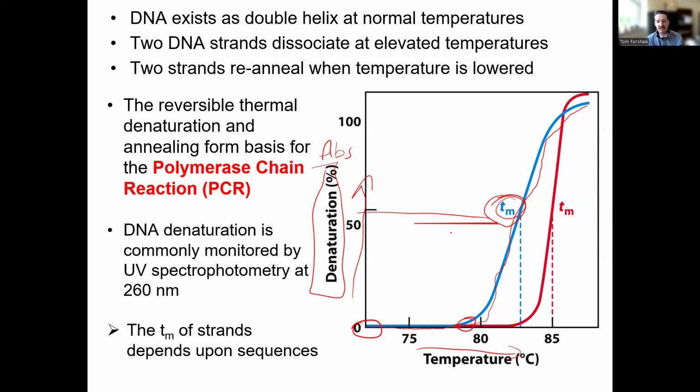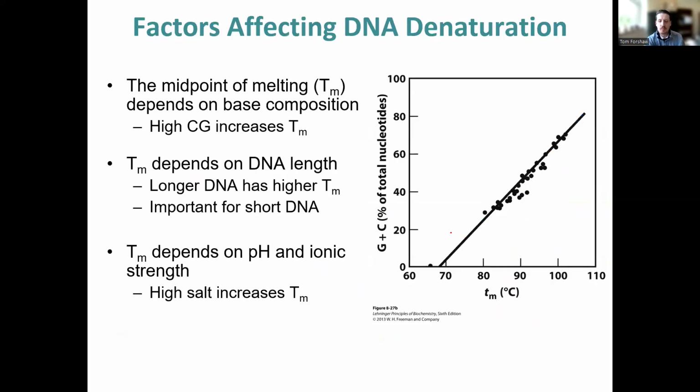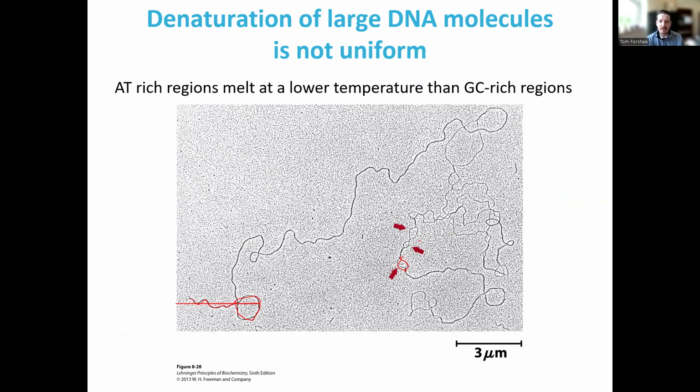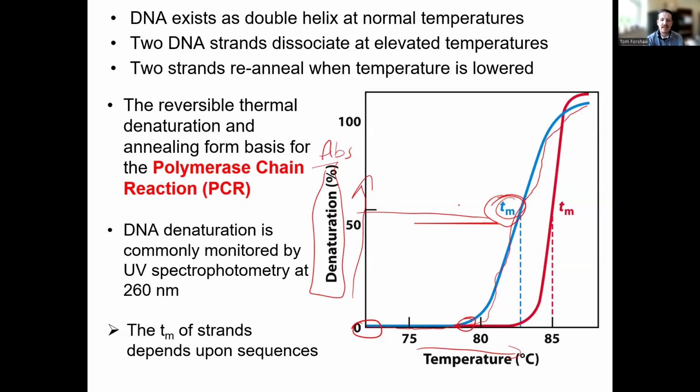Like I said, sections of it will melt bit by bit, and once you have half of them broken apart, the temperature required to hit that is known as TM. Two different strands can have two different TMs because they can have more or fewer regions that have a higher or lower melting point. And this is, like I said, utilized for PCR.